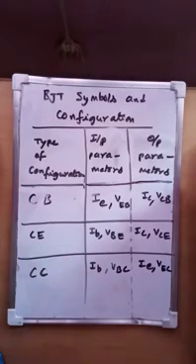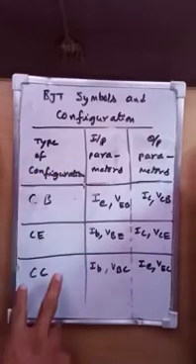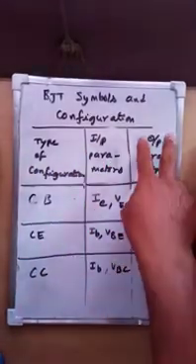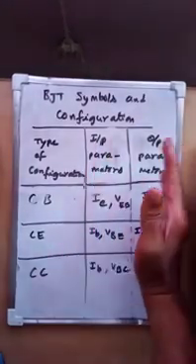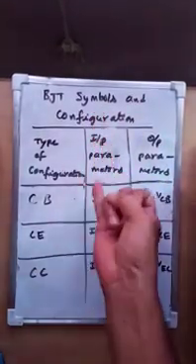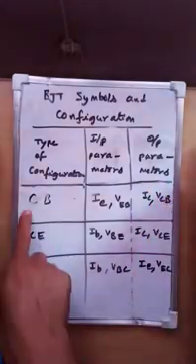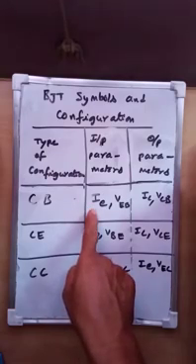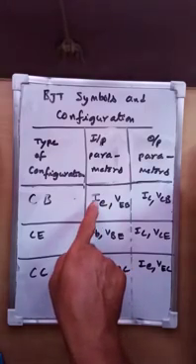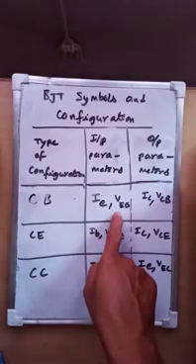Coming to the BJT symbols and configurations, this is the type of configuration, and these are the input parameters and these are the output parameters. Since we have two ports, input port and output port, the input port contains its voltage and current. Similarly, the output port contains output voltage and output current. For the common base configuration, since the base is common, the input terminal is the emitter, so the current is IE.